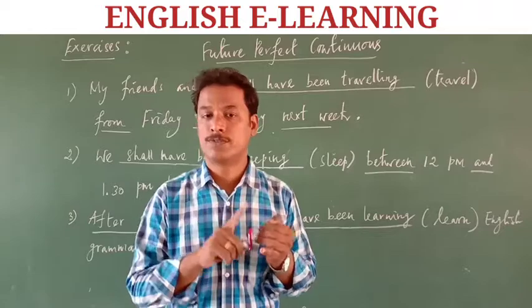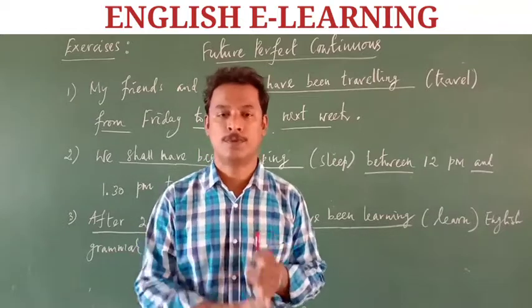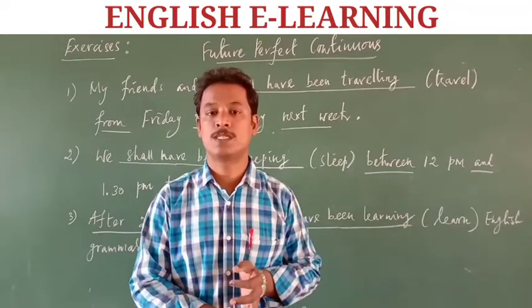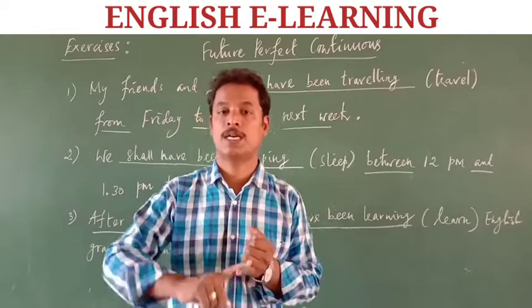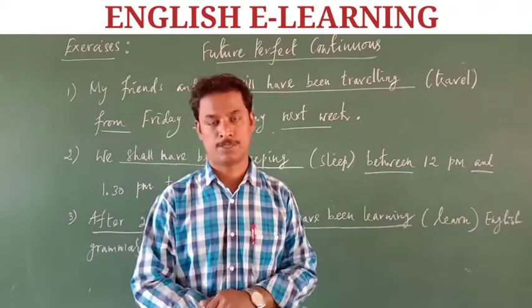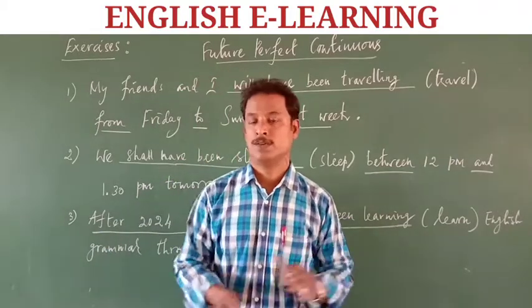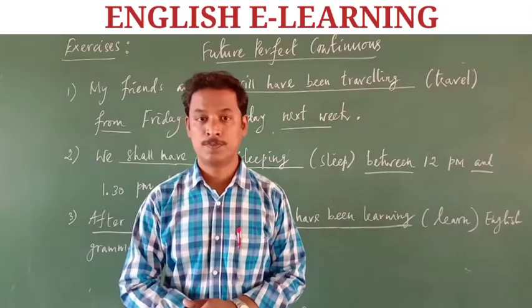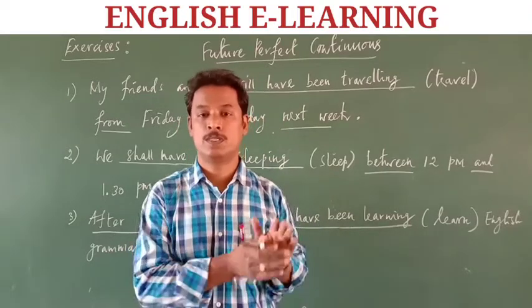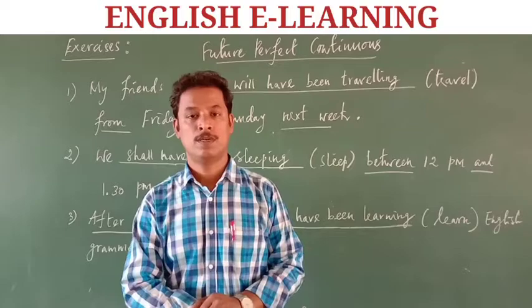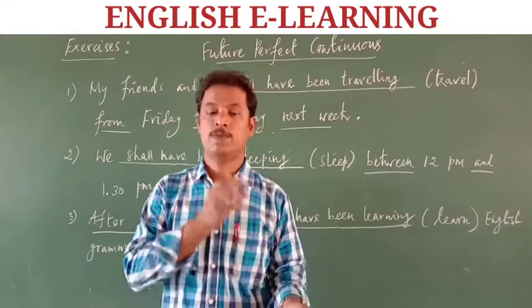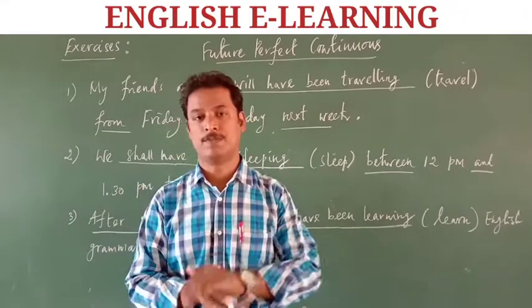They are future simple and future perfect. There is no passive voice for future continuous and future perfect continuous. Right. Okay students, I hope you have understood all these 4 tense forms both in active and passive very well.